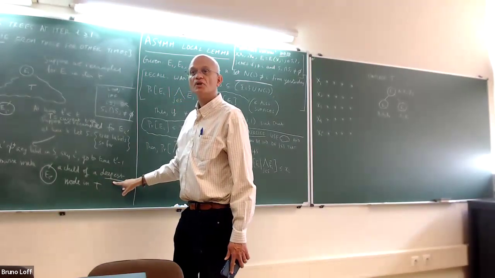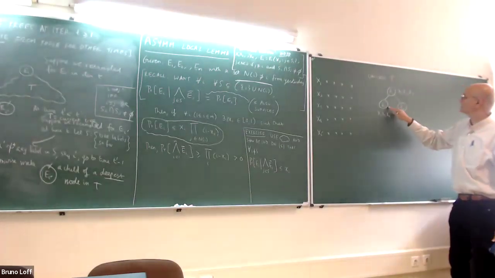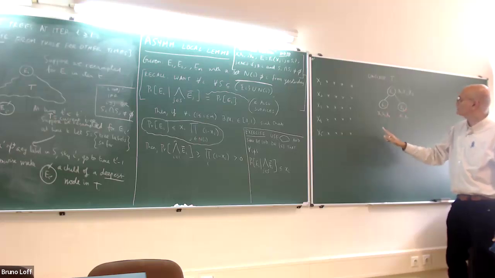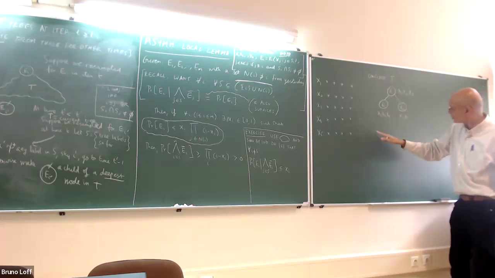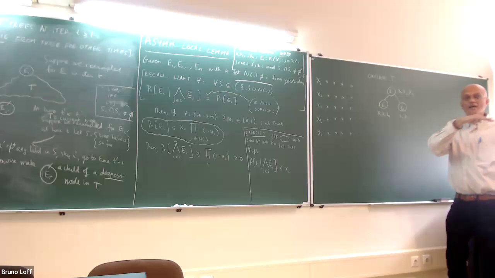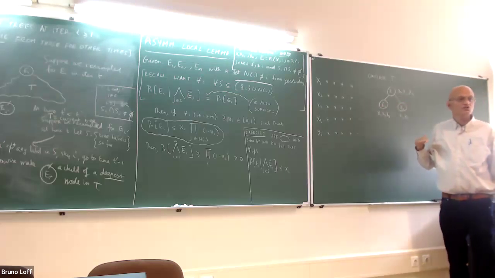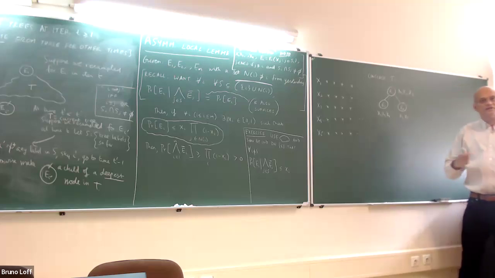Suppose EK came earlier in time than EJ. EK would have been made either a child of EJ or come lower in the tree. Why was it made a child of EI? It's not possible. So a very important point is that every level of the tree has an independent set of nodes. If not, look at the ones that came earlier in time; they would come even lower in the tree. That's important.